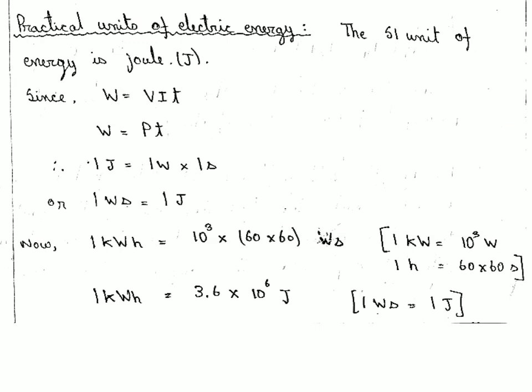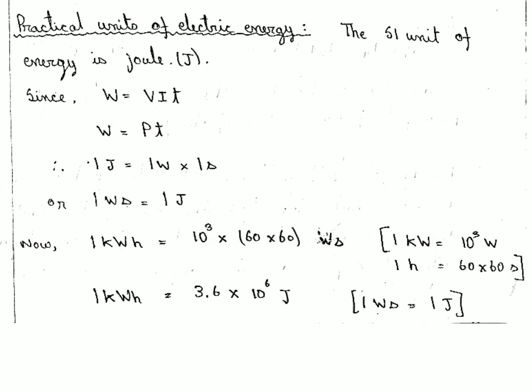Hence 1 kilowatt hour is equal to 10 to the power 3, 60 into 60 watt second. And upon multiplication, we get 1 kilowatt hour to be equal to 3.6 into 10 to the power 6 joule. Remember this relation here. 1 kilowatt hour is equal to 3.6 into 10 to the power 6 joule. This is how we'll convert kilowatt hour into joule.